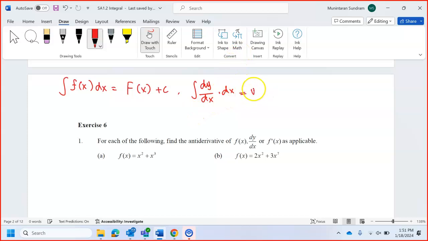That gives you y plus c. And if you are integrating f prime x dx, that gives you f(x) plus c. Notation: for you, it may look the same, but they're all different. If you're integrating f, it's capital F. If you're integrating f prime, it's small f.